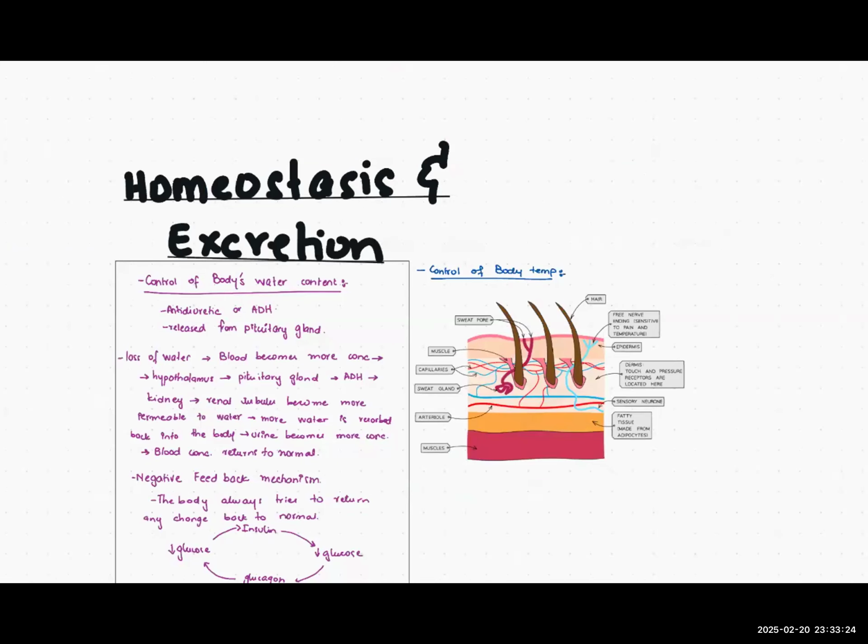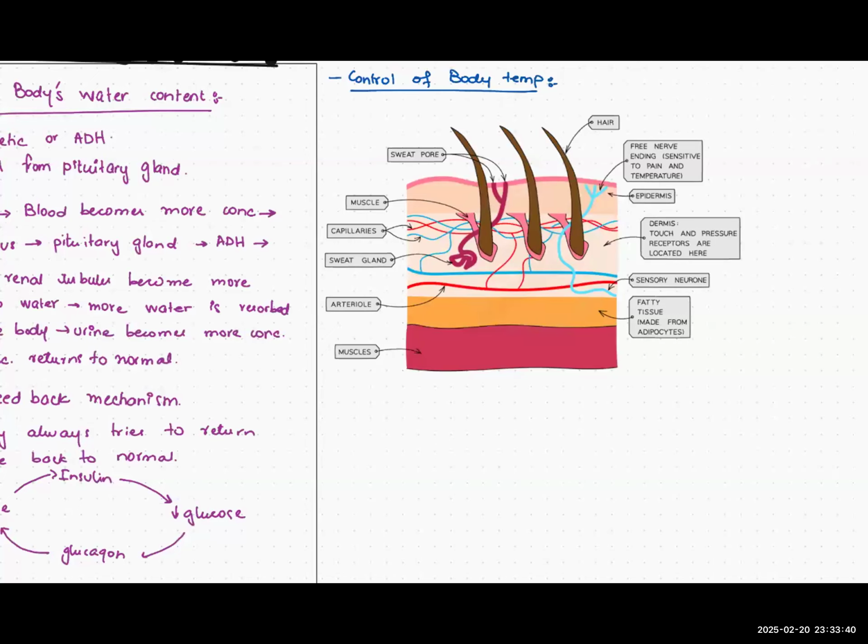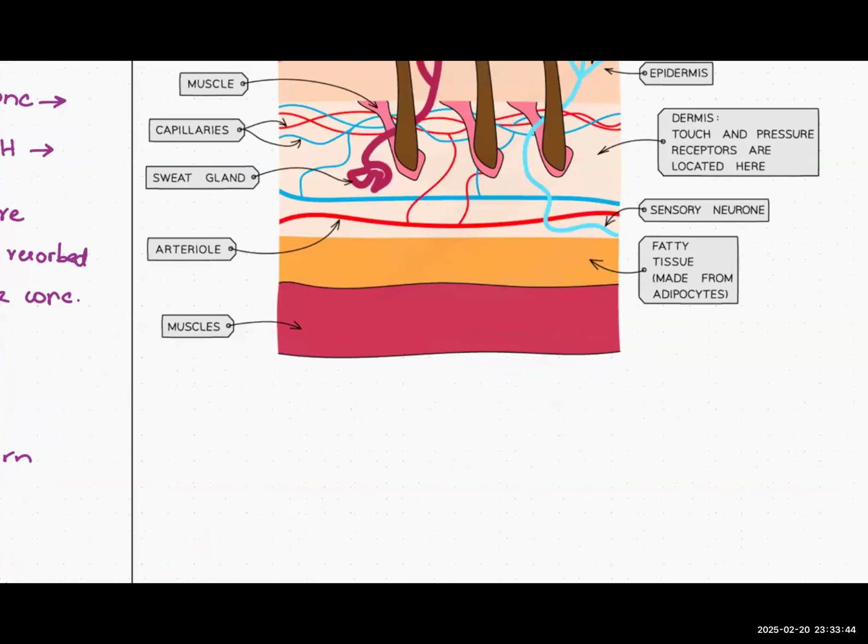So when we talk about how your body controls the temperature, right? Now, you probably already know this, but mammals, not just mammals, birds as well, are generally defined as warm blooded. Instead of saying warm blooded, it would be better if we use the term homeothermic.